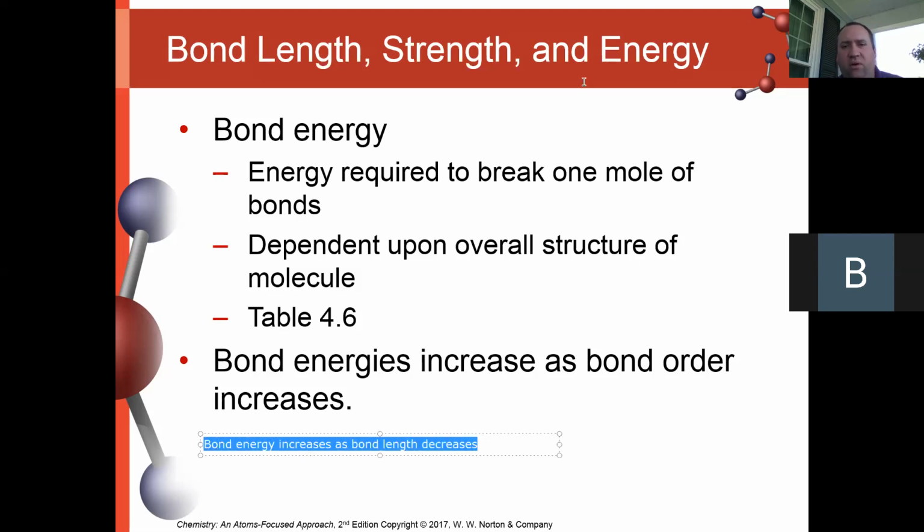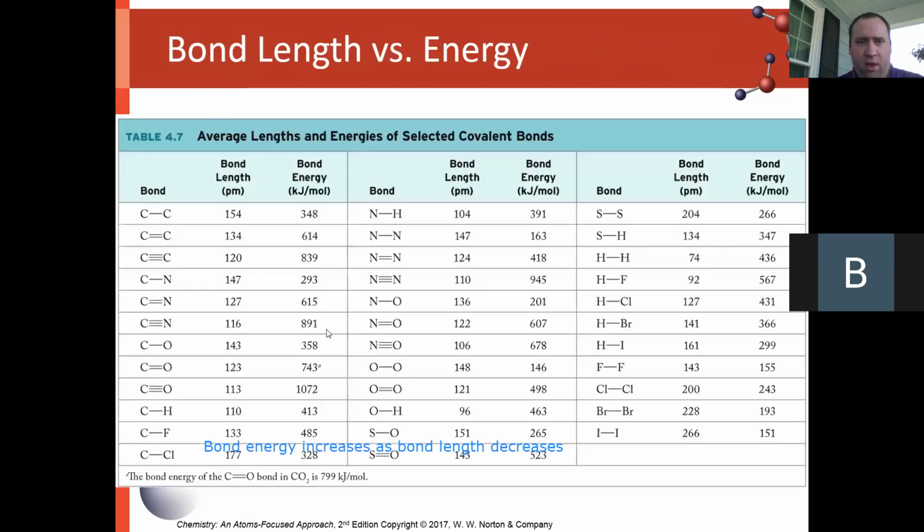Again, that's an important statement to make because it speaks to the general idea of what we see in our relationships here. Bond order, bond length, bond strength, they're all related to each other in some kind of way.